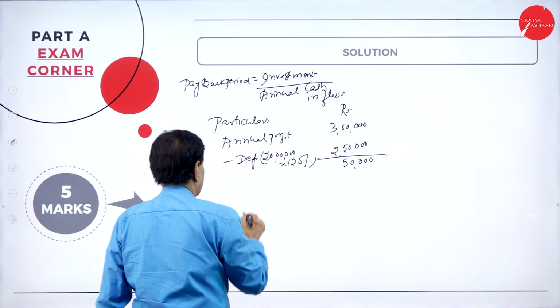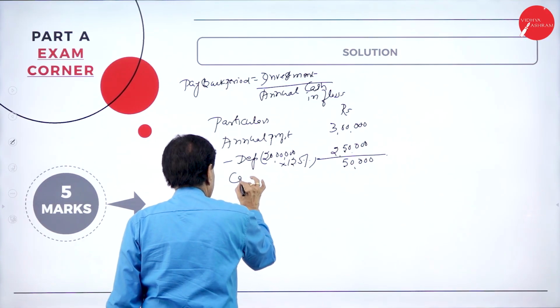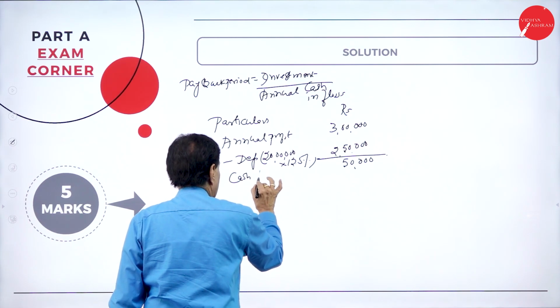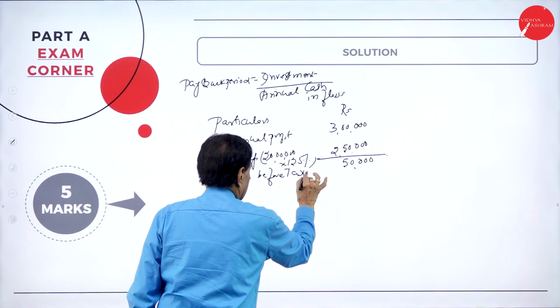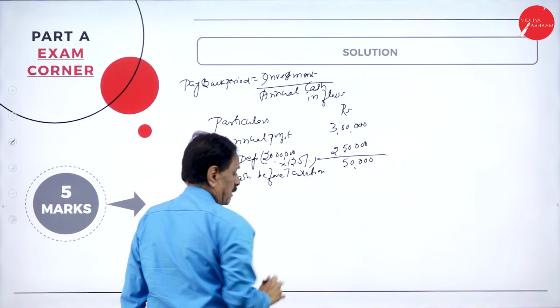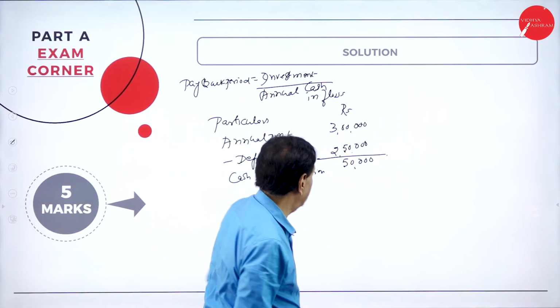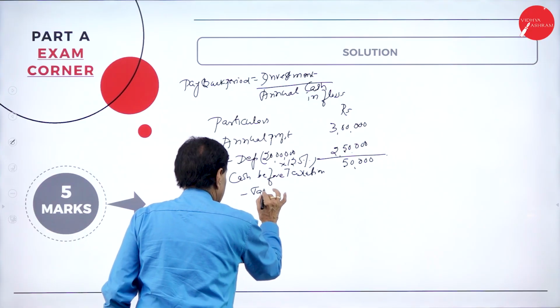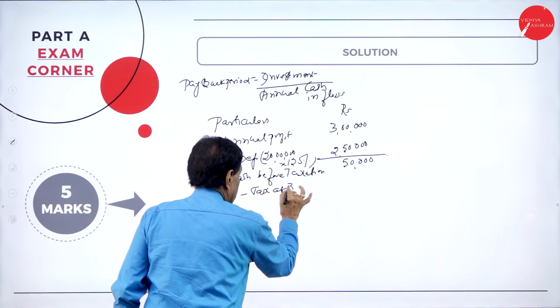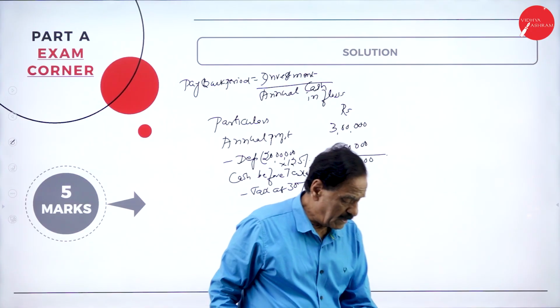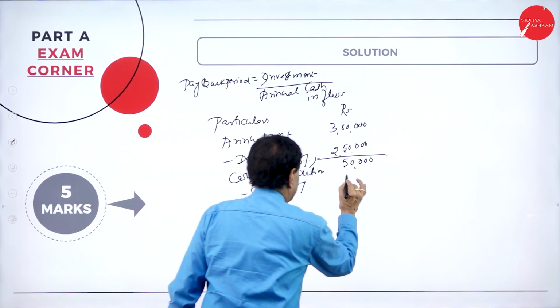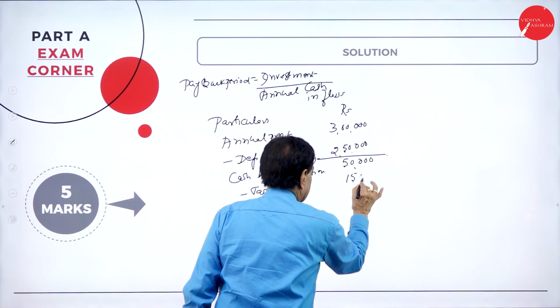This is cash before taxation. Minus tax at 30%. 30% of 50,000 is 15,000.